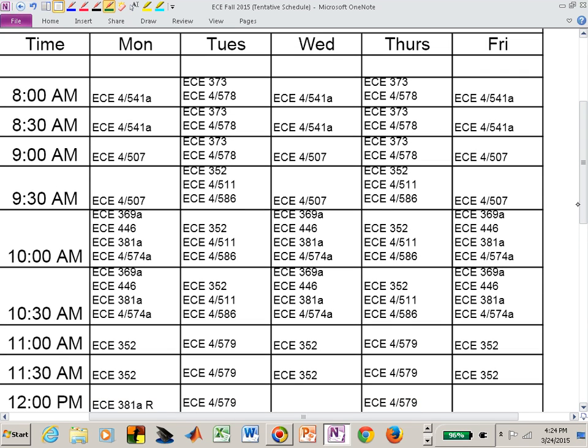But you'll see that this is fairly busy. The idea is to try to distribute these so that you have the widest possible selection. Ideally, you would only see one number in each of these squares, but we can't do that. We have too many numbers to populate the time.